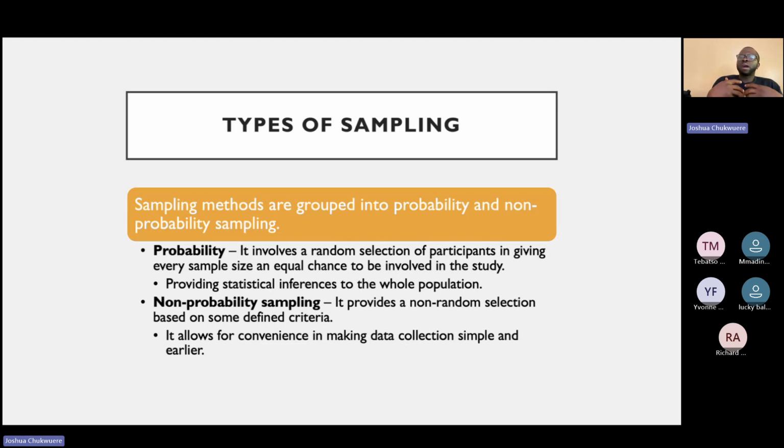So when we talk about probability sampling, what are we talking about? It involves a random selection of participants, giving every sample an equal chance to participate. Now, you have your students in that 10,000. All of them are eligible.